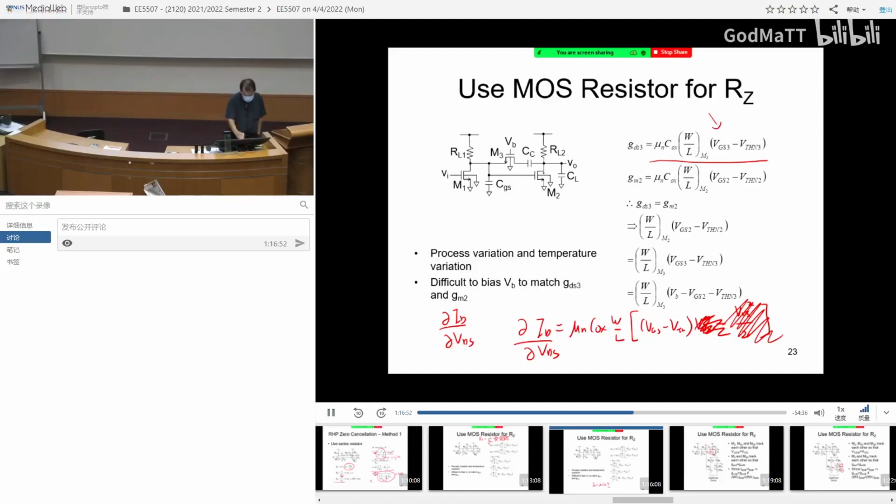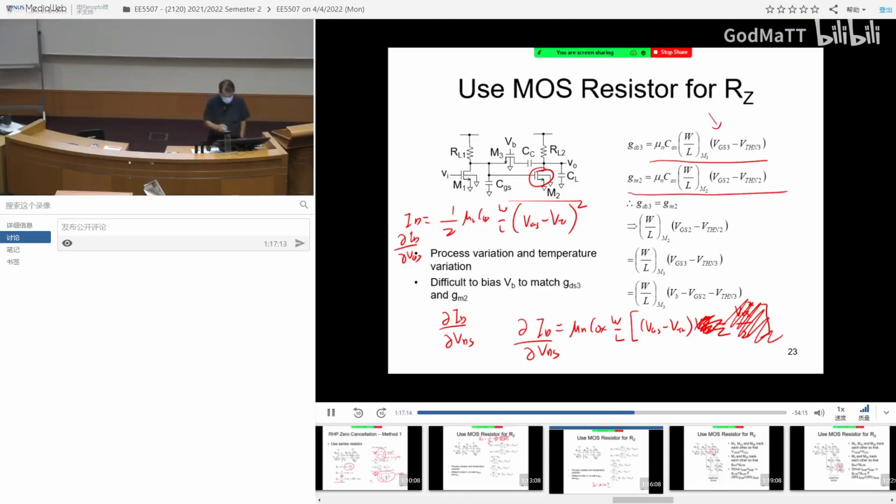What is GM2? GM2 is based on half μn COX W over L, (VGS minus VTH), the whole thing squared. So if you find delta ID versus delta VGS, we went through that already, you also end up having the following.